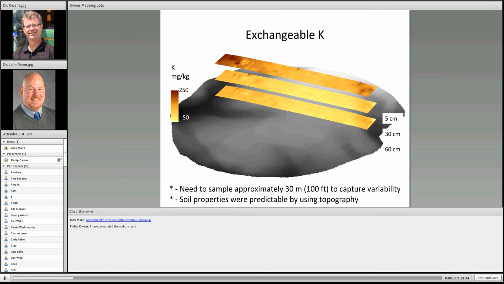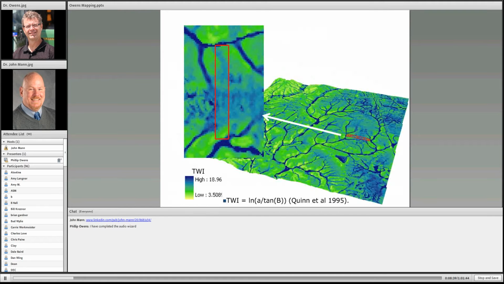The other interesting thing, what I learned most from this project, was something I should have already known: that topography is a big driver when you're looking at soil variability when you're working in the same geologic material. This is one of the algorithms that we used, the topographic wetness index.